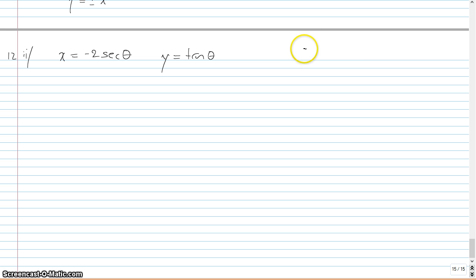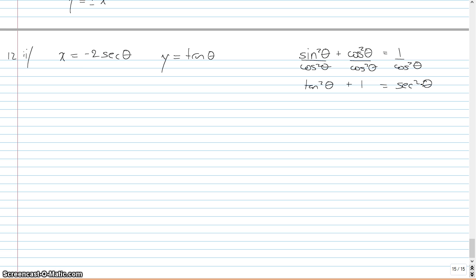Well, I don't have it memorized per se. I just remember sine squared theta plus cosine squared theta is 1. And to get a tangent, I'd need to divide everything by cosine squared. That gives me tangent squared theta plus 1 is equal to secant squared theta. So that's the relationship I'm going to use.